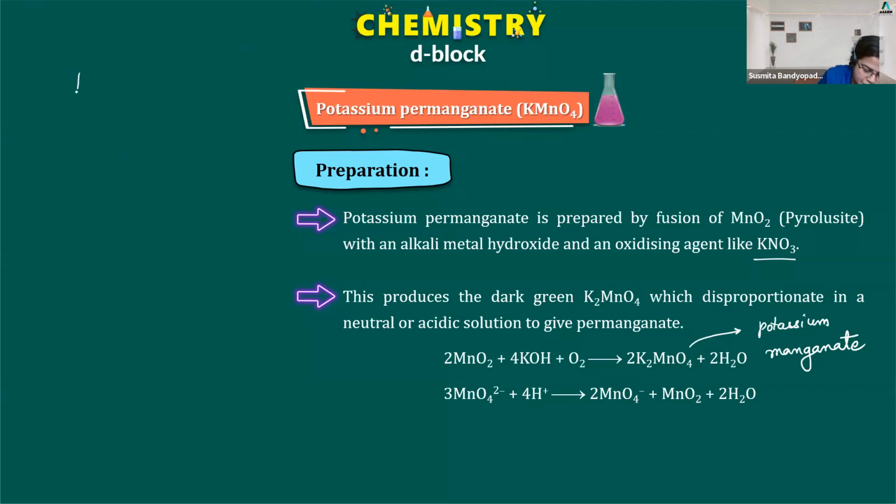So I'll write potassium manganate as K2MnO4. I write it again: MnO4 2- ion, the manganate ion. What is the oxidation number of manganese here?